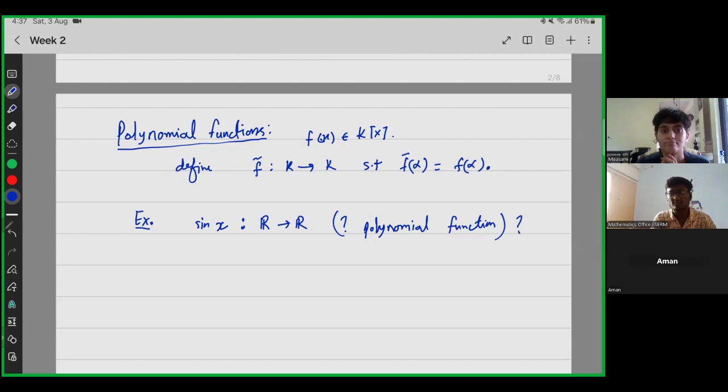No. What is an argument for this? For one thing, it has infinitely many roots. Similarly, cos x follows. It is not.